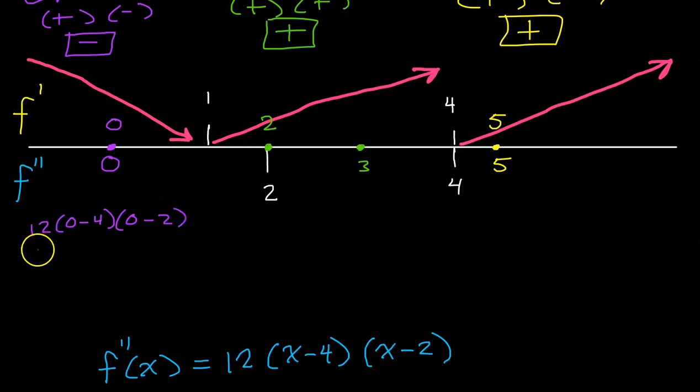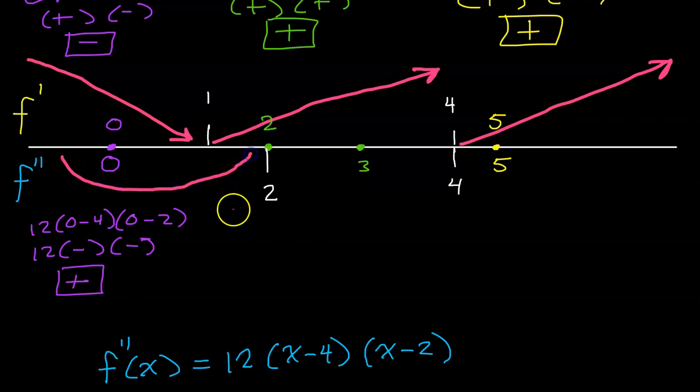So this is going to give me 12 times a negative times a negative. So that's going to be overall a positive value. That tells me that in this interval the function is concave up. So from negative infinity to 2, the function is concave up.